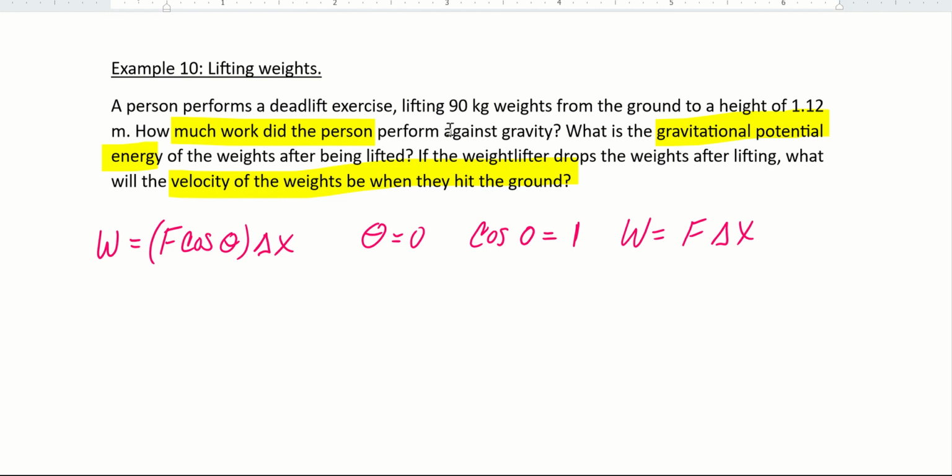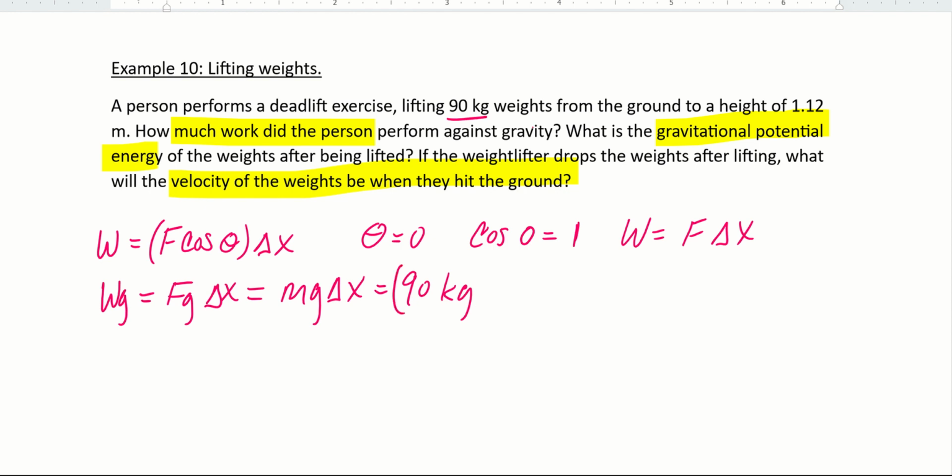So we have to figure out how much work was done against gravity. That means my work against gravity needs to consider the force of gravity and the displacement. Force of gravity is mg delta x. Our mass was 90 kilograms. g is 9.81.